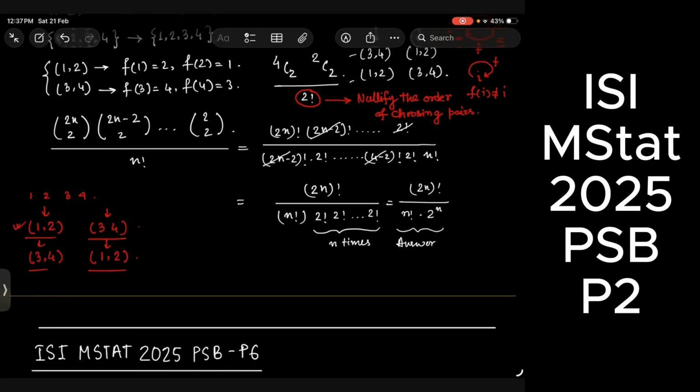So 1 2 3 4 and 3 4 1 2 is the same thing. Are you getting my point? So there should be n pairs among 2n elements. Pairs can come in any order, so that's why we are dividing it by n factorial. Are you getting this or not? Tell me.